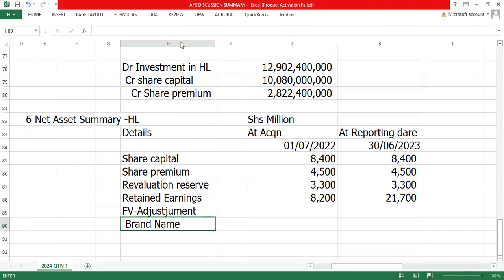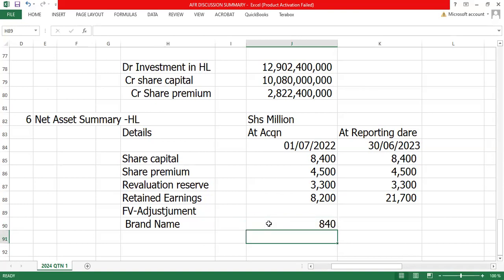So you need to bring the brand name figure as a positive, which is 840. You bring it as a positive.